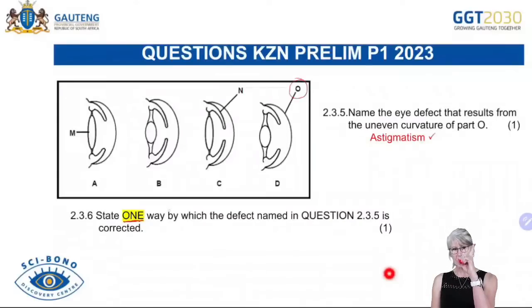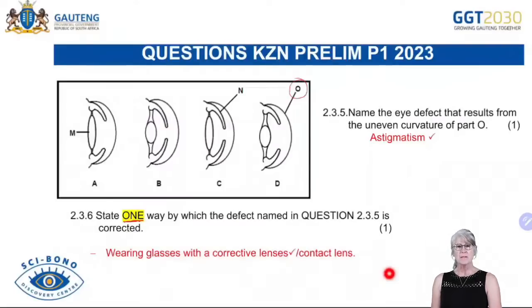Okay, and then the next question, again they're asking, state one way. Okay, so they only want one. Don't give 3 or 4, just one way by which the defect named, so astigmatism, is corrected. And that would be to wear specific or specialized lenses. They're corrective lenses that is going to then improve the vision.